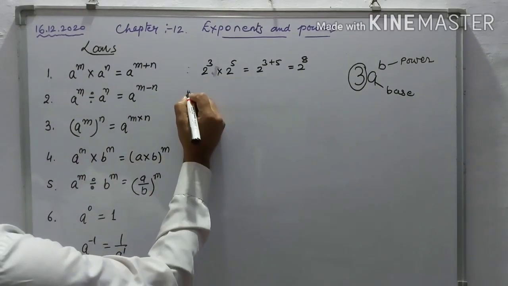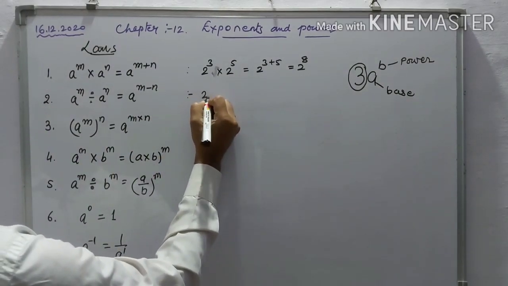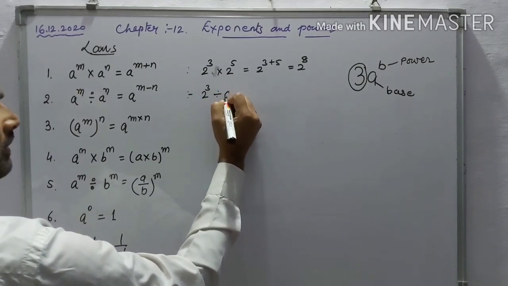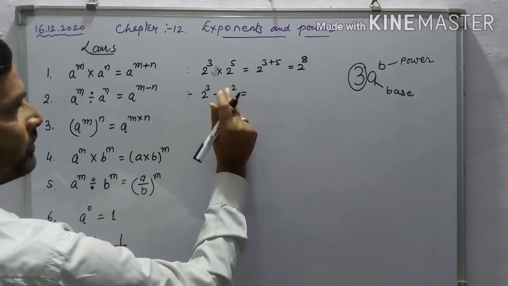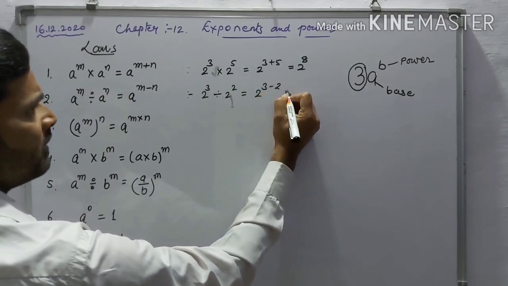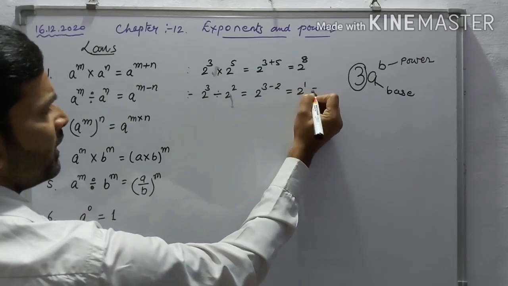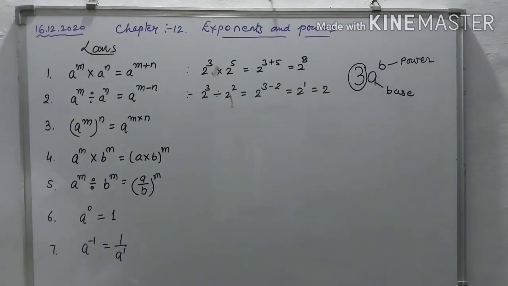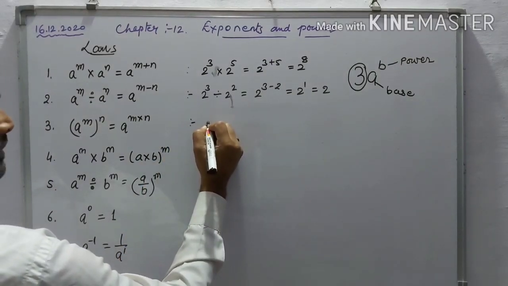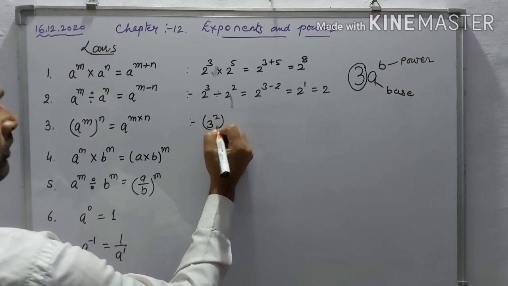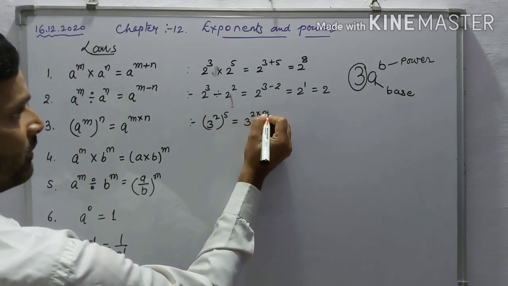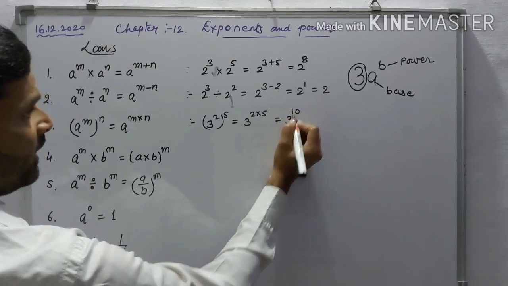Okay, now the example is 2 power 3 divided by 2 power 2 is equal to 2 power 3 minus 2, which is 2 power 1, and 2 power 1 is equal to 2. Here example is 3 power 2 and whole power 5 is equal to 3 power 2 into 5, which is 3 power 10.